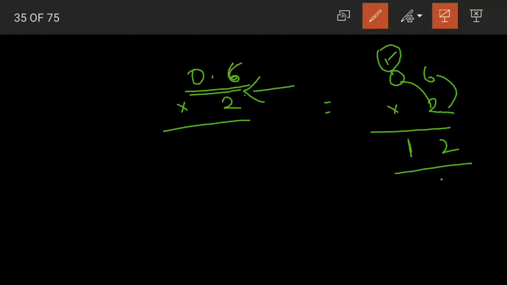Yes, from the right side we are having a decimal point after one digit. So even in our answer, that is the product, we have to place a point after one digit from the right. 0.6 into 2 is equal to 1.2.